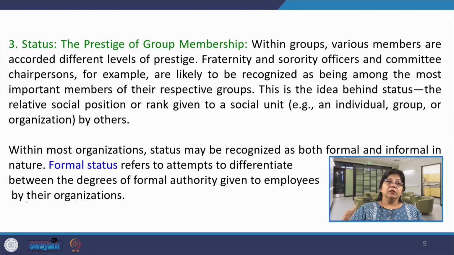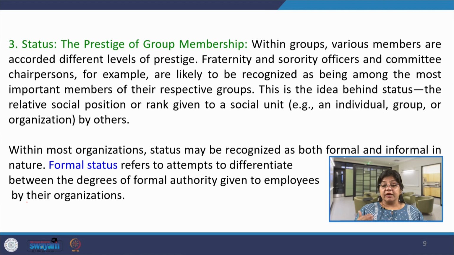For example, the status of the CEO, the status of the president, the status of any middle level manager or any entry level manager. Everybody has a role and position, but every role and position is accorded with status. This includes some kind of prestige, some kind of perks that come in different forms, and how those perks or status are reflected in their role.